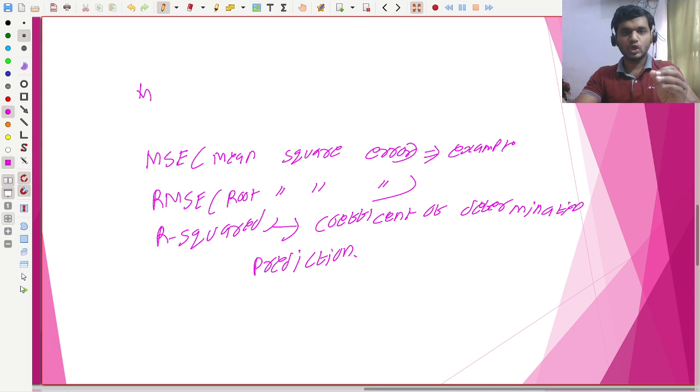If you input the values, then you find the output. Linear regression assumes linearity between the variables, independence of errors, constant variance of errors, and normality of errors.